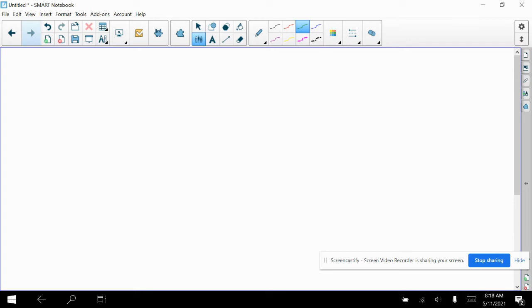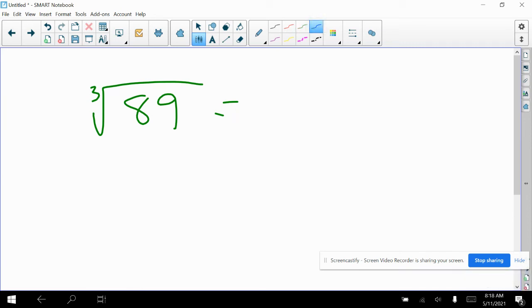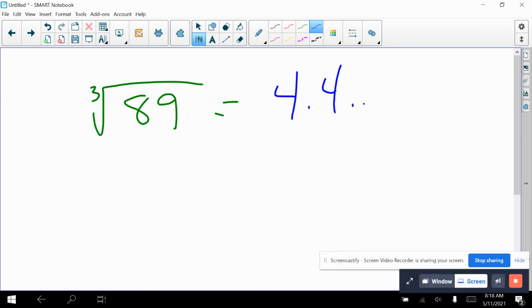Now, the harder ones are when they give you something that looks like this, and they ask you what perfect cubes fall between that. Again, the good news is you're going to be able to use your calculator. So this comes out to be 4.4 something.